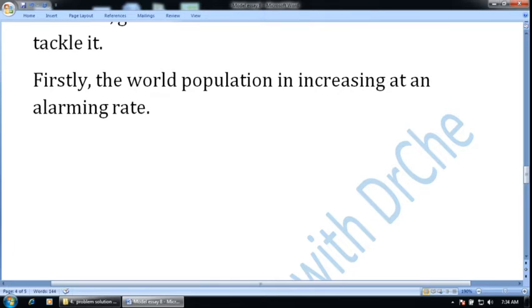So this is my topic sentence. A topic sentence should be a simple and easy sentence. The population is increasing at an alarming rate. Firstly, the world population is increasing at an alarming rate.